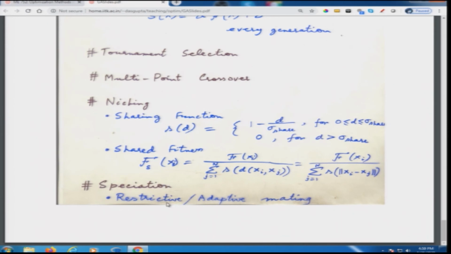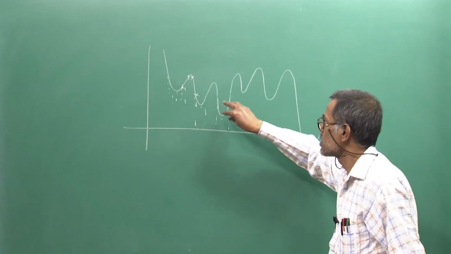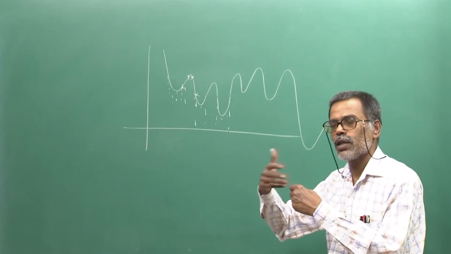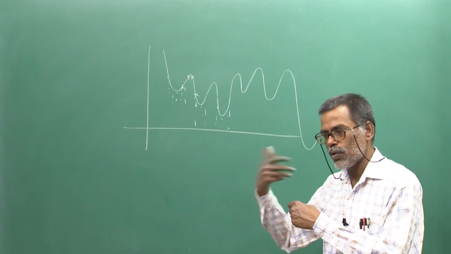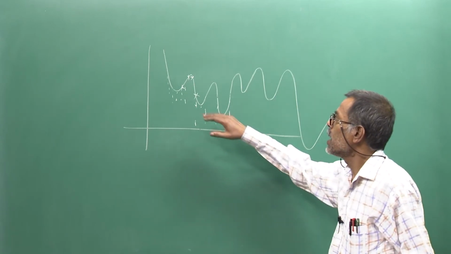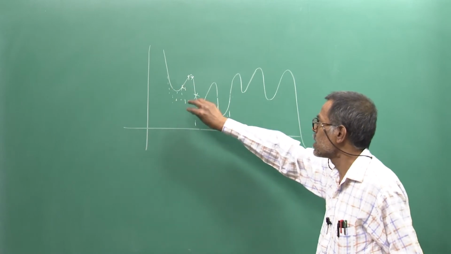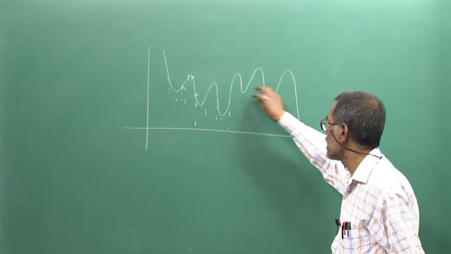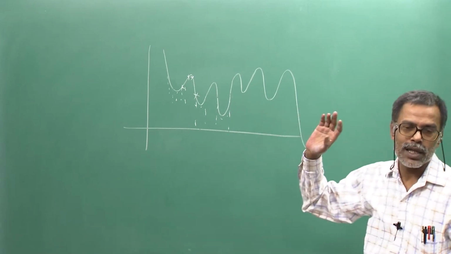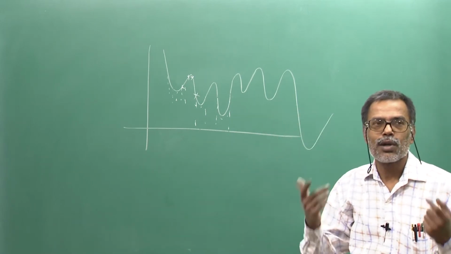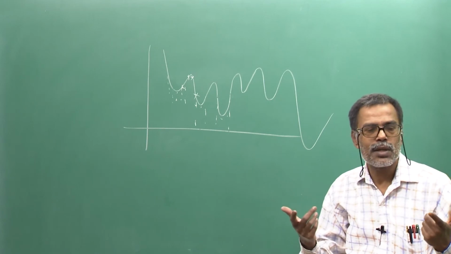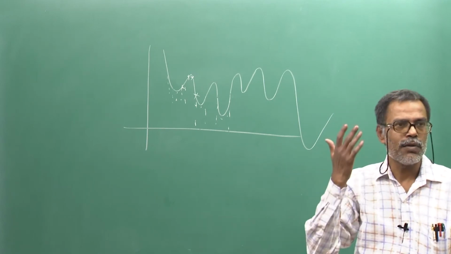So, when you do niching and speciation in the genetic algorithm, then you have a good possibility of subdividing the large population into a number of such niches, which over generations do not mate across one another. Okay. And thereby, at the end you will have a large number of solutions here, and a large number of solutions here, and a large number of solutions here, and so on. And therefore, by this mechanism you expect to solve multimodal problems and try to get hold of global minimum.